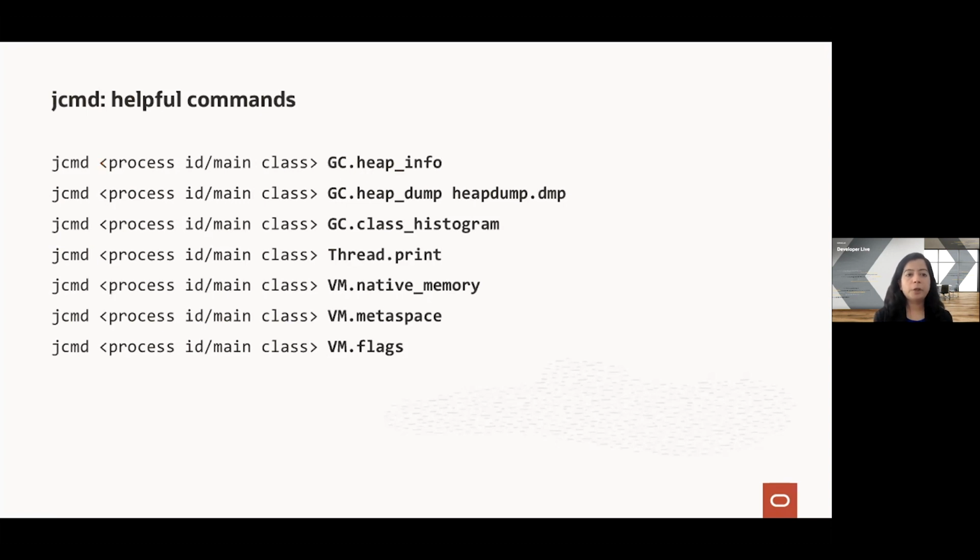So, some helpful commands that can be used with jcommand. The first one being gc.heap_info. This is very helpful to monitor the heap usage of a Java process or application, and it prints out the heap usage and the size of various memory pools of the Java heap. gc.heap_dump can be used to create heap dumps from running live Java applications.